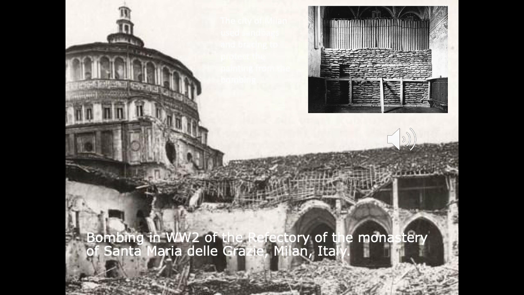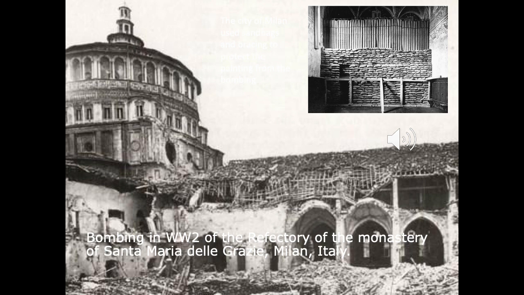This image shows you how they protected the painting so that it did survive. They built a wall of sandbags and then braced the sandbags so that they could protect the wall.